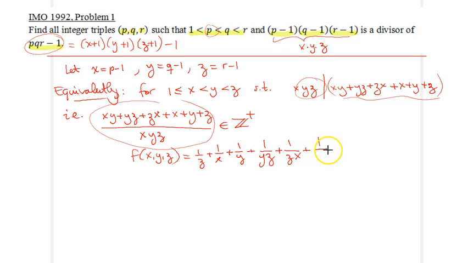So f is a function like this in x, y, and z, and further f is a decreasing function in each of these variables x, y, and z. So in calculus notation, f sub 1, f sub 2, and f sub 3 are all less than 0.